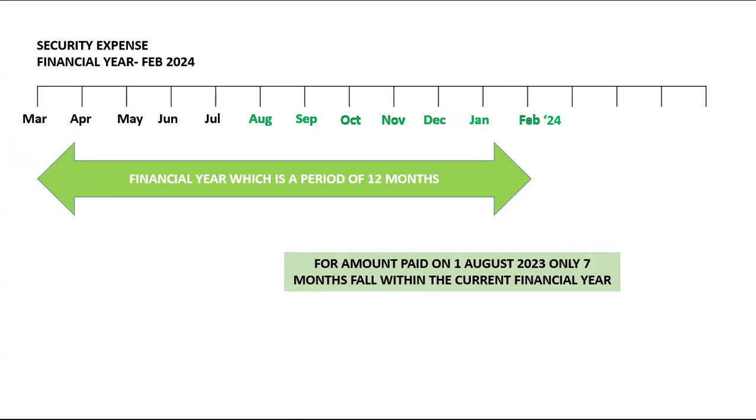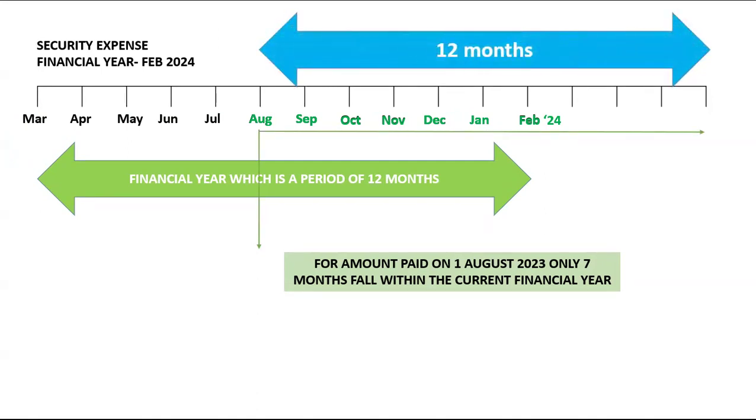But as I've said, it's 1, 2, 3, 4, 5, 6, 7. 7 months fall within the current financial year. But this insurance covered us from August until the 31st of July, which is 12 months. Of those 12 months, 7 fall within the current financial year, meaning that 5 fall outside the financial year.